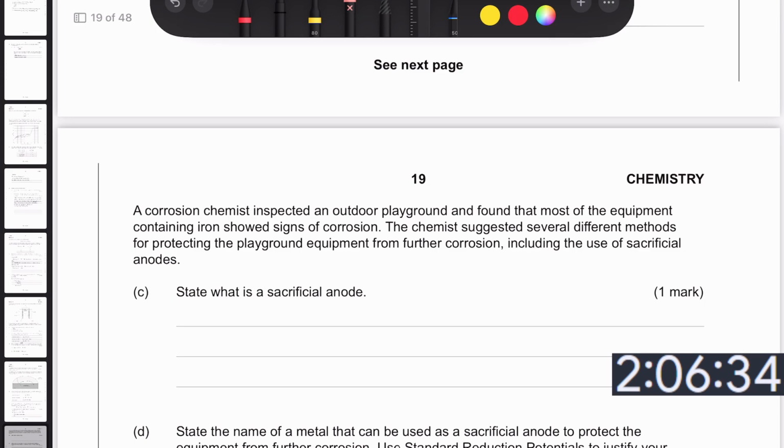Okay, a corrosion chemist found that most equipment containing iron is protected by different methods, including use of a sacrificial anode.